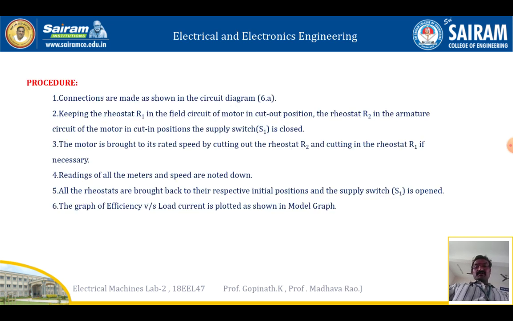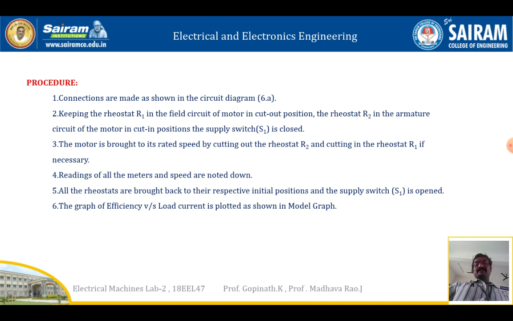Connections are made as shown in the circuit diagram, keeping the rheostat R1 in the field circuit of the motor in cut out position, and the rheostat R2 in the armature circuit of the motor in cut in position. The supply switch S1 is closed. The motor is brought to its rated speed by cutting out the rheostat R2 and cutting in the rheostat R1 if necessary.